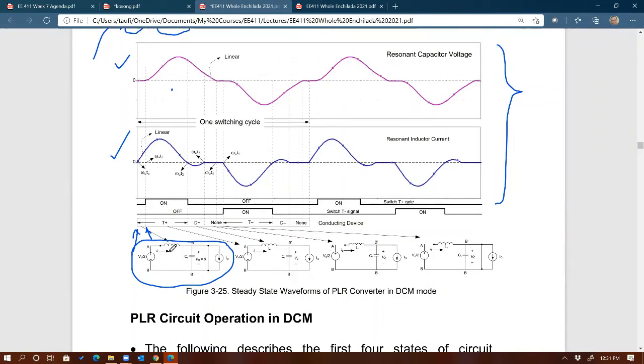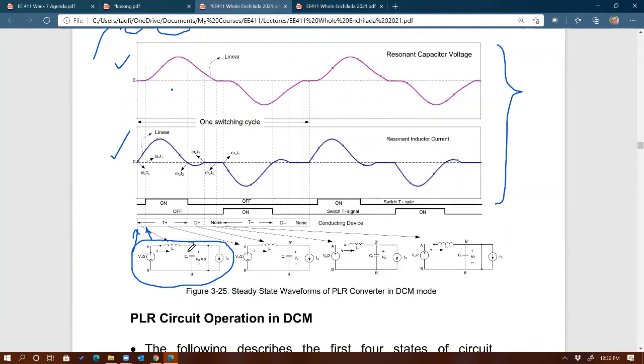And that would force current through this inductor to increase, right? Linearly, because you have voltage across this inductor equal to VD over 2. So constant voltage across the inductor means a linear increase in the inductor current, L dIL/dt. And that current will reach I out.